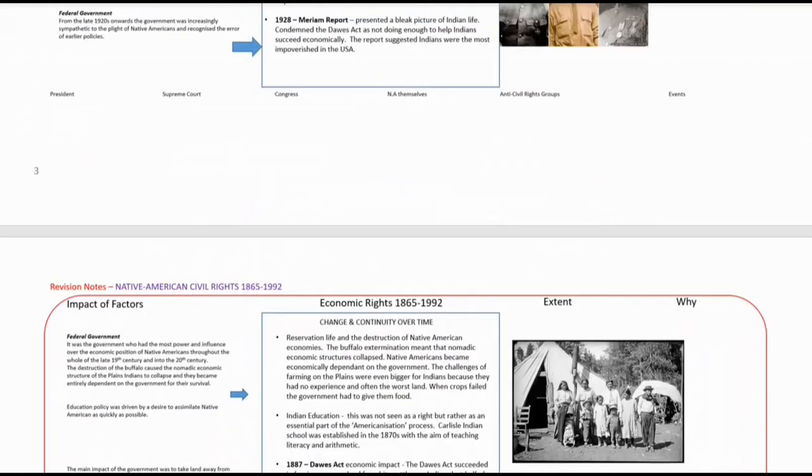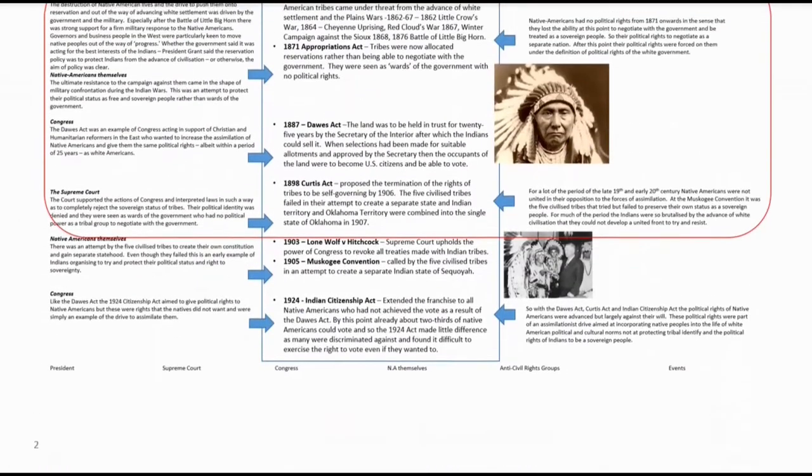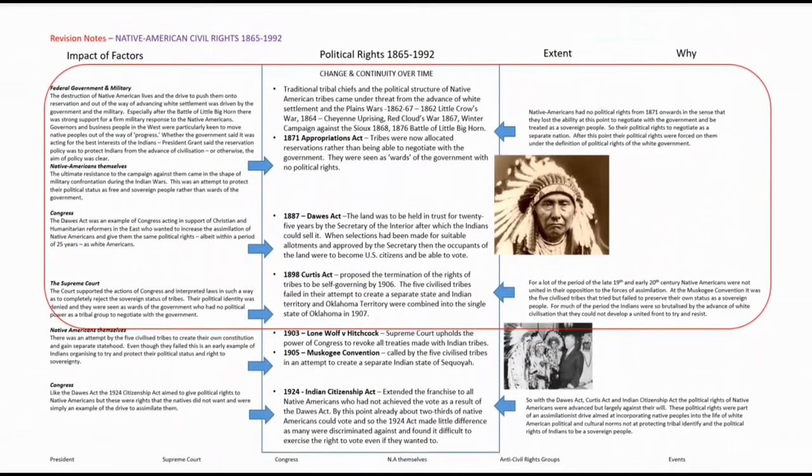And just as in the study of African Americans, it's important that we consider these different themes, these different ways of looking at civil rights, so that we're able to write a synthesized answer, and we're able to consider the extent to which rights have progressed in one area compared to another.